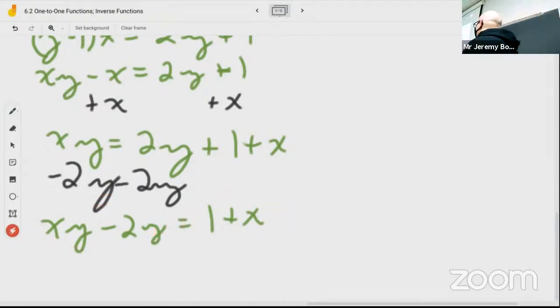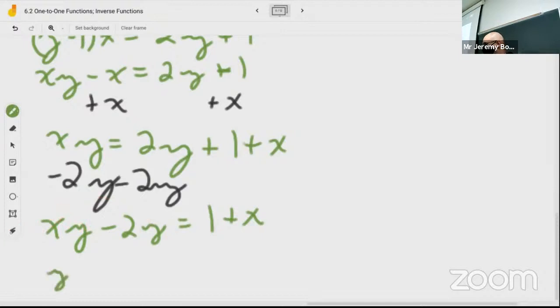How can we get y alone, though? This is the tough stuff. This term has a y. This term has a y. What can we do with that y? We can factor it out.